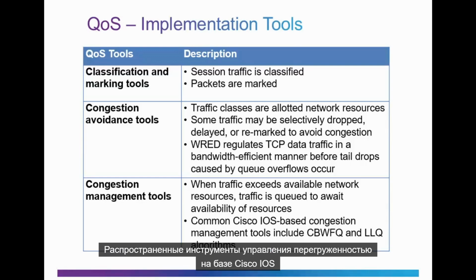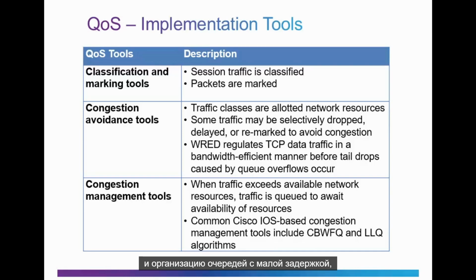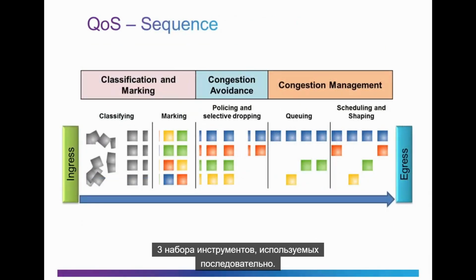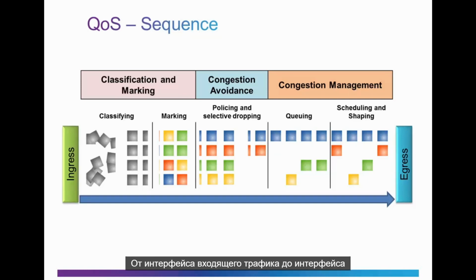Common Cisco IOS-based congestion management tools include class-based weighted fair queuing and low latency queuing, or the CBWFQ and LLQ algorithms. If we look at this diagram, you can see the three sets of tools being used in sequence, from the ingress interface on a router to the egress or exit interface of the router. You can see that traffic is first classified and then marked. Notice in the graphic how the packets before being classified are all seen here as gray.